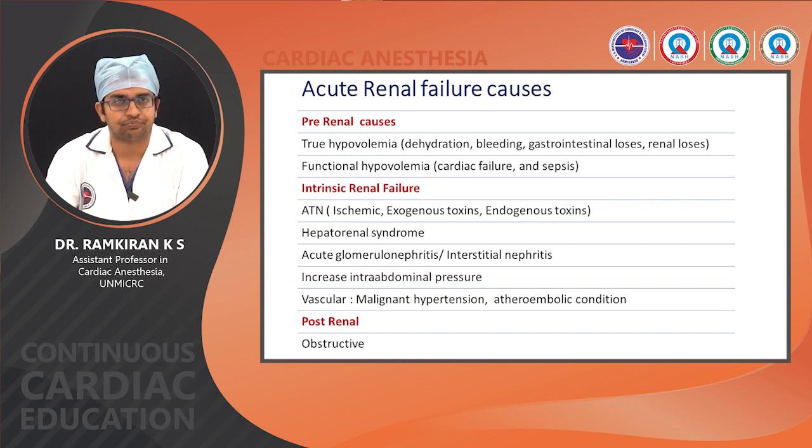Intrinsic renal failure: acute tubular necrosis can be because of ischemia, or because of exogenous or endogenous toxins. Hepatorenal syndrome, acute glomerulonephritis, interstitial nephritis, increased intra-abdominal pressure, and vascular causes like malignant hypertension and atheroembolic conditions. And the post-renal causes are usually obstructive causes.